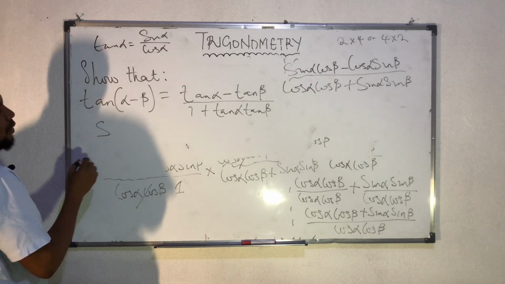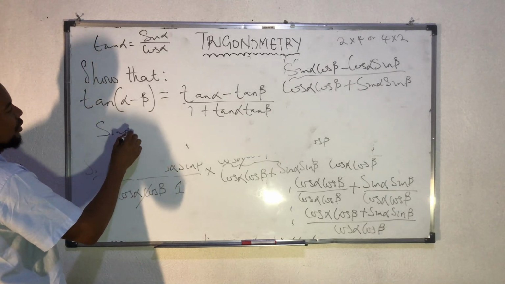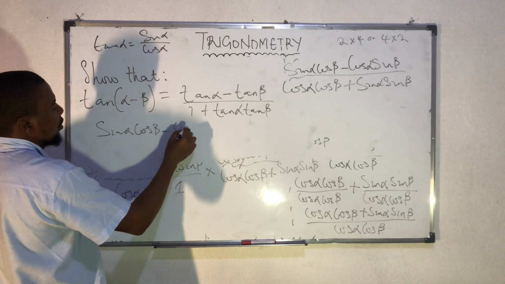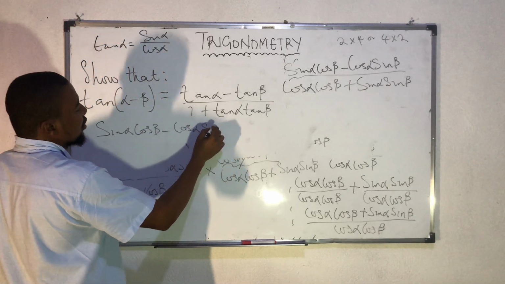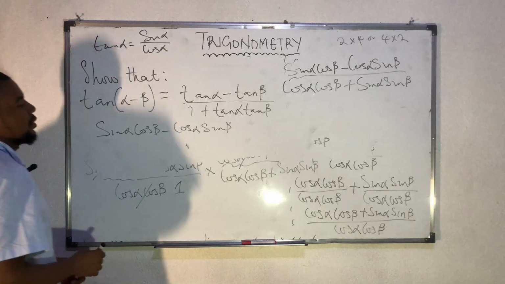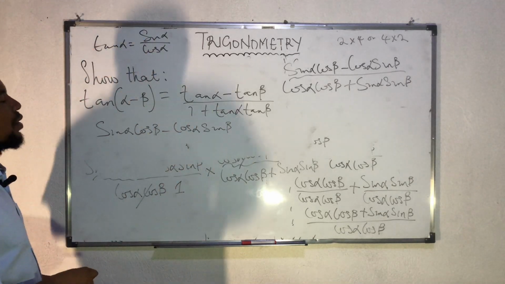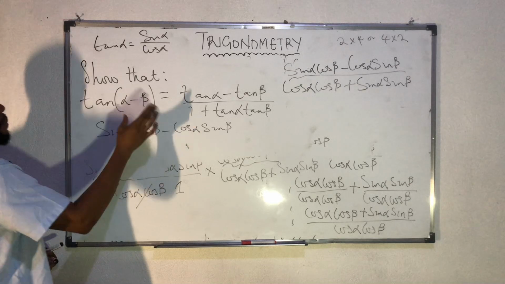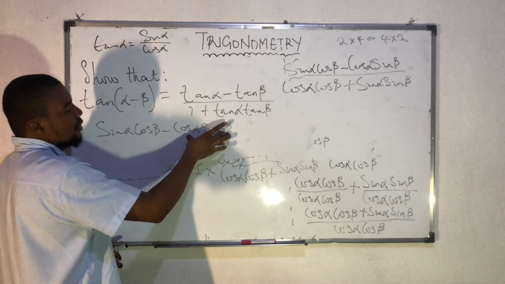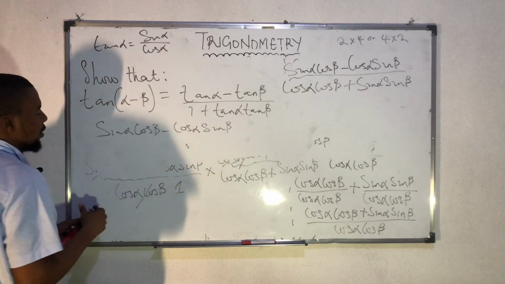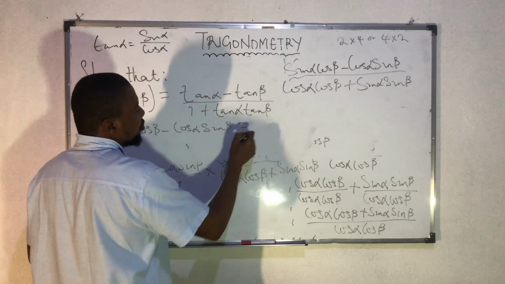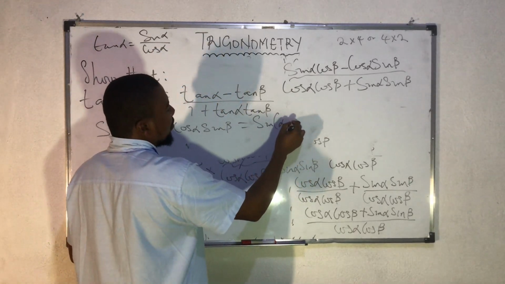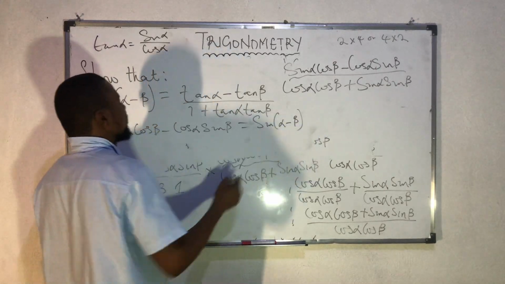this identity, sine alpha cos beta minus cos alpha sine beta, this is a sum and difference identity, and it is equal to sine alpha minus beta.